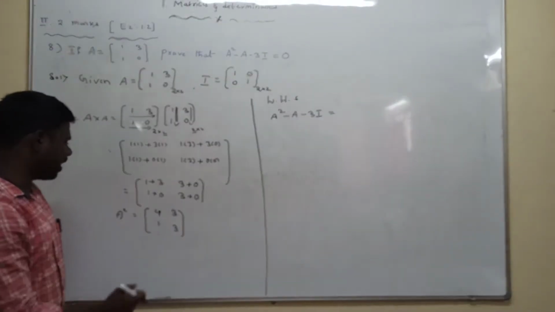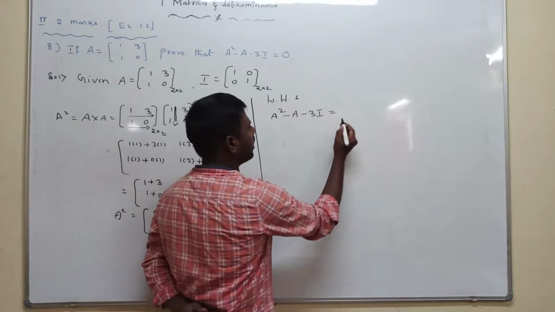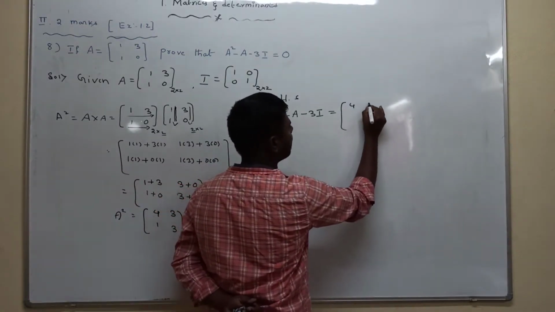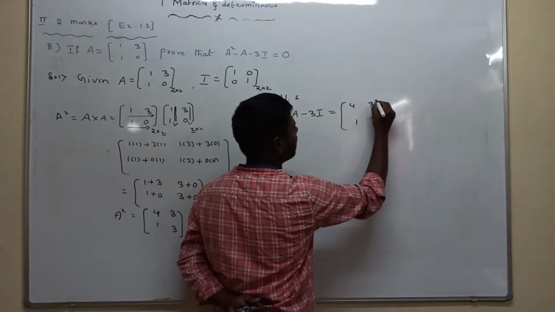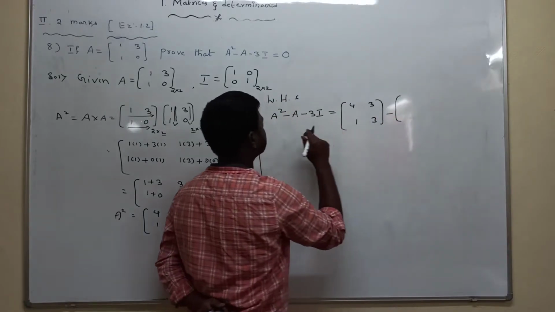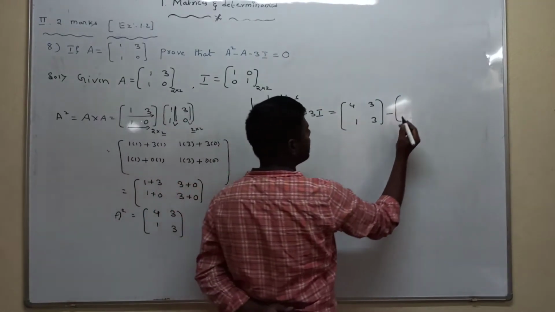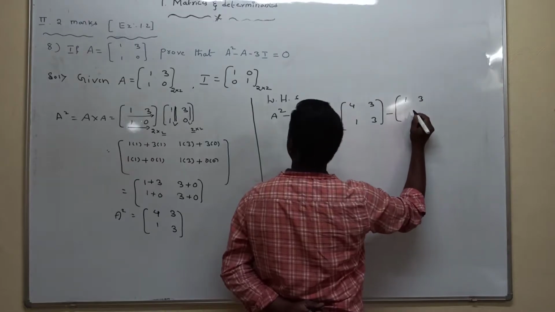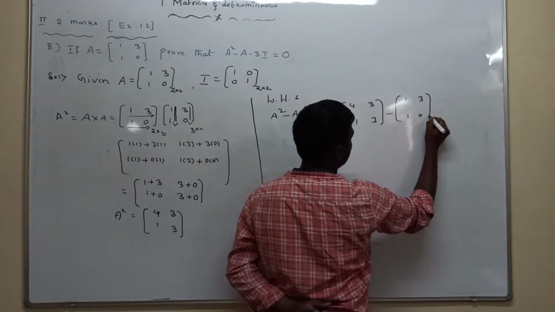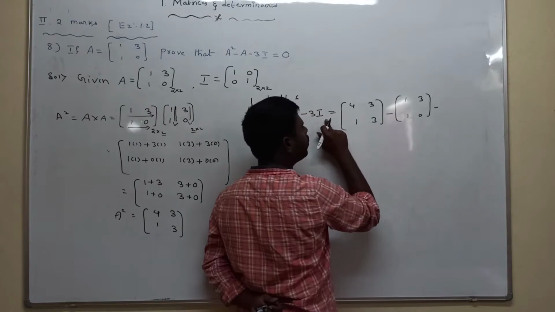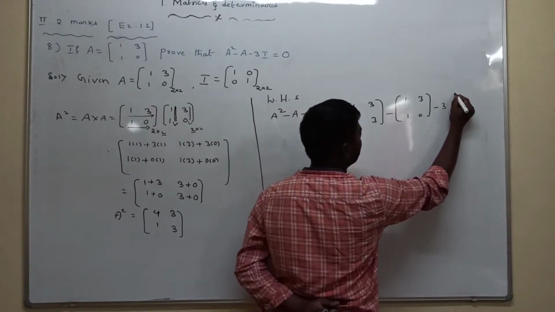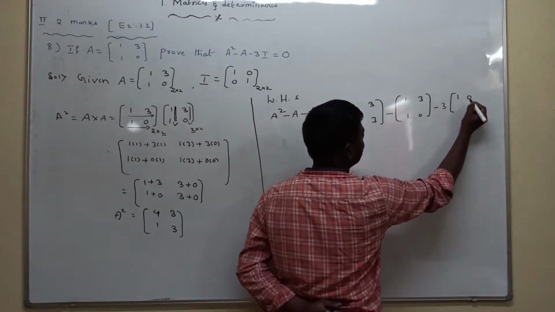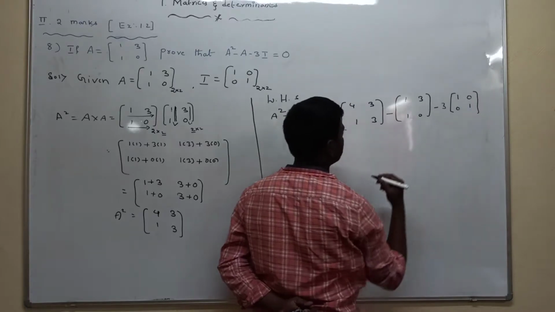What is the A square value? [4, 3; 1, 3] minus the A matrix [1, 3; 1, 0] minus 3 into I, which is the identity matrix [1, 0; 0, 1].